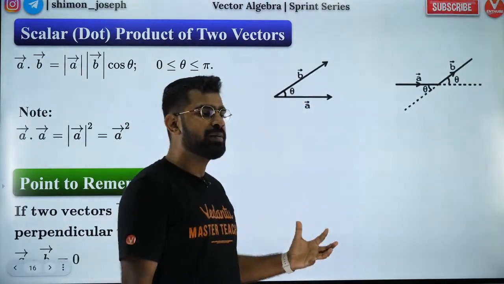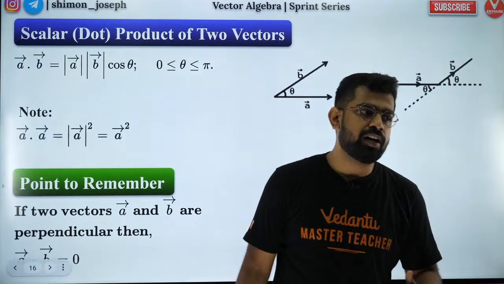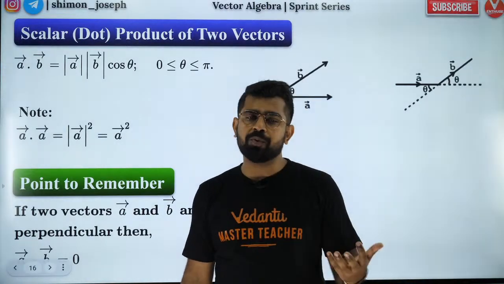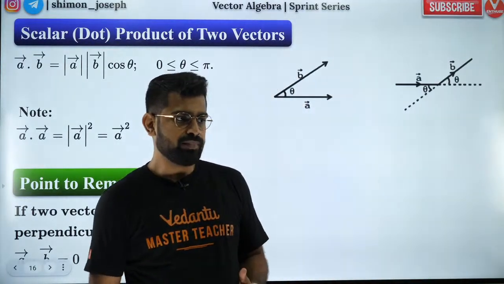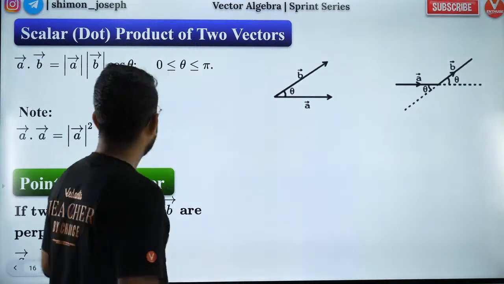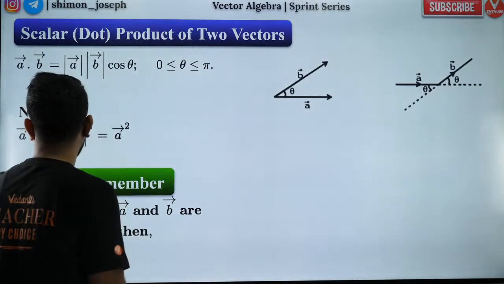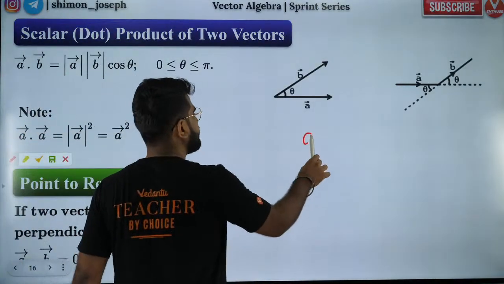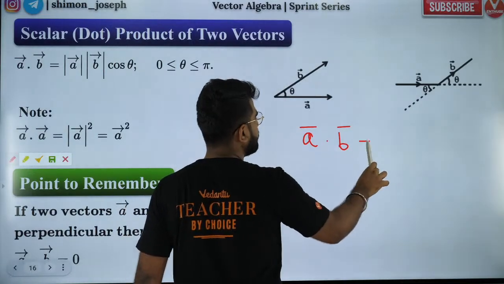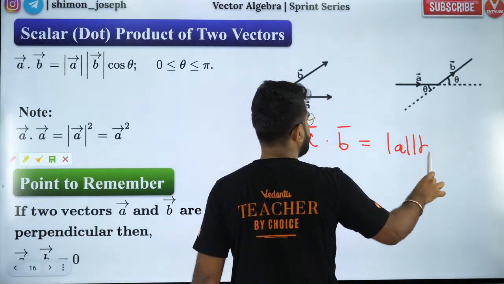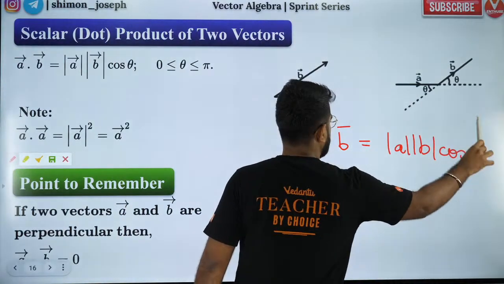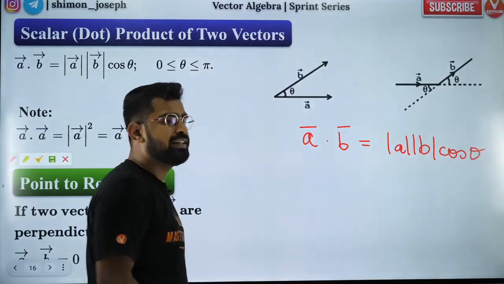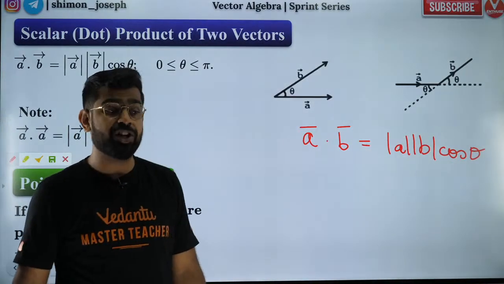So guys, the next one which I'm going to talk to you about is the scalar product or dot product of two vectors. Dot product means you studied in physics, right? A dot B is nothing but mod A mod B cos theta. You must have learnt it in work, power, energy.